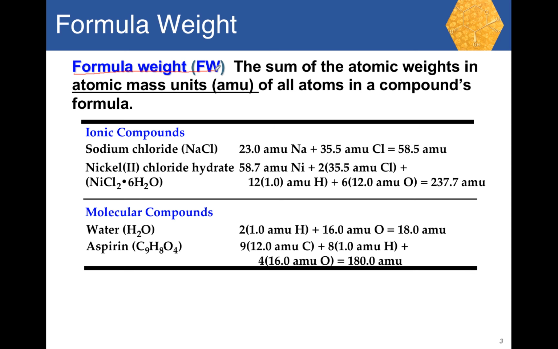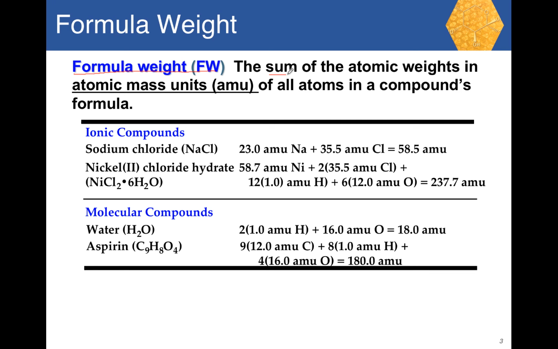And they form compounds. So the elements combine in fixed ratios to form compounds. It's very important to know the formula weight of these compounds, which essentially is the sum of the atomic weights. As you can see here, the sum of the atomic weights of the atoms of these compounds will be the formula weight. We will use that a lot in our calculations.